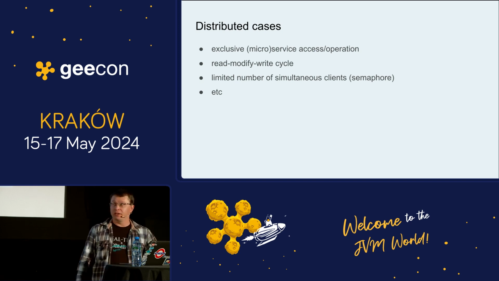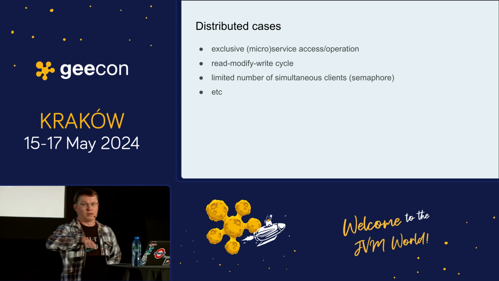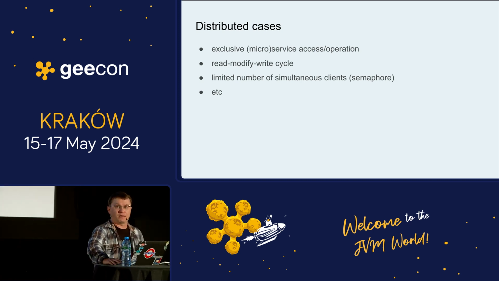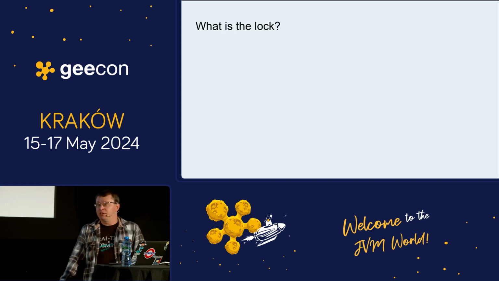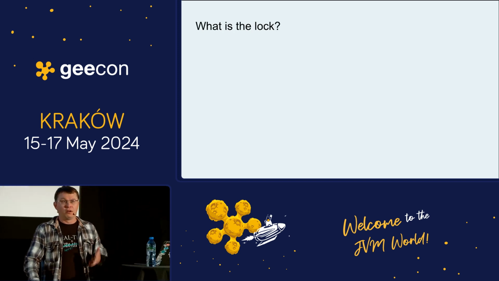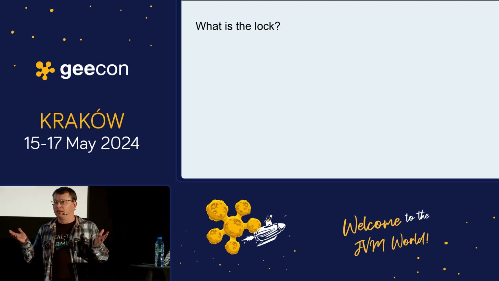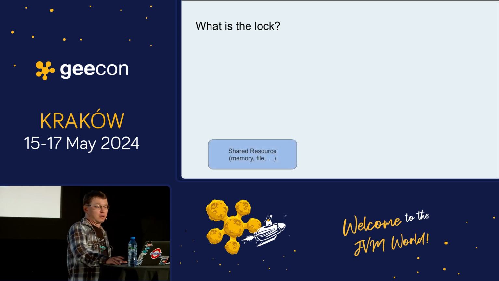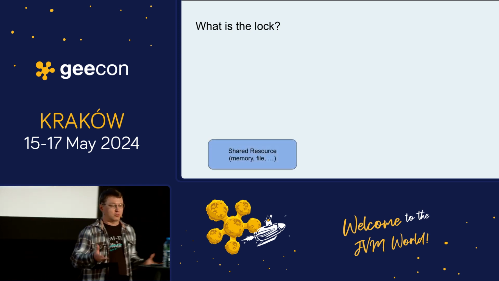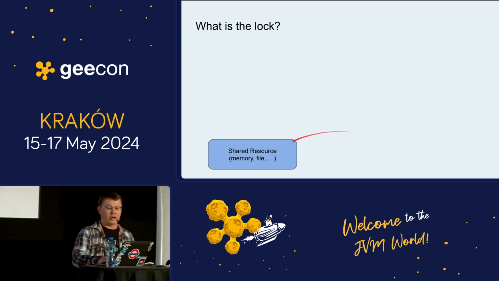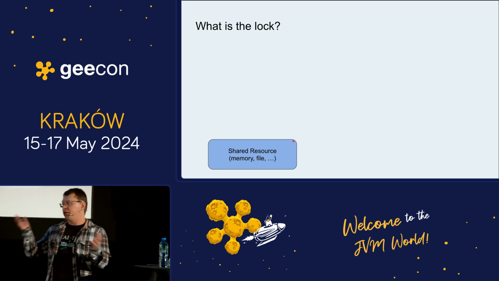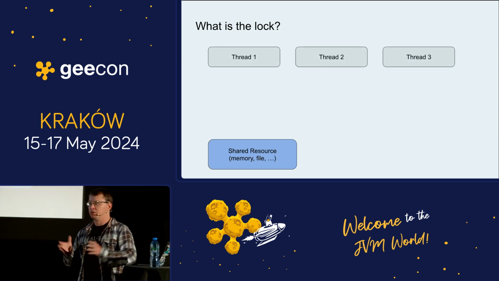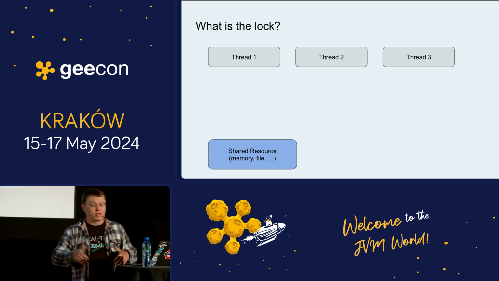To understand how we can move from local concurrency primitives to distributed concurrency primitives, let's consider how we can implement the local lock behavior, and then we'll try to extend it to the distributed case. So what is the lock? A lock is used to control access to some shared resource. In most cases, it is some memory that several threads would like to mutate, modify or read simultaneously.